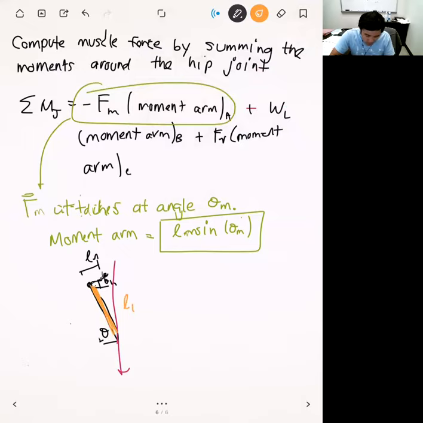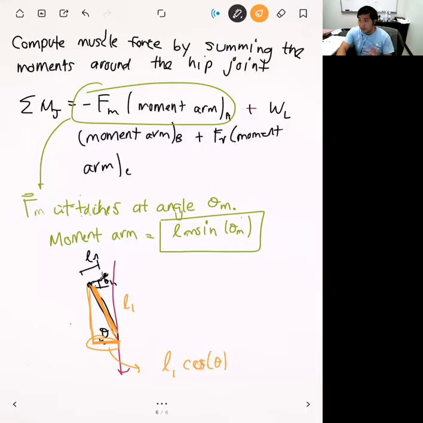Since we have the angle theta, let's go ahead and form a right triangle. From this right triangle, we can find this horizontal distance, and this horizontal distance is going to be L1 cosine of theta.